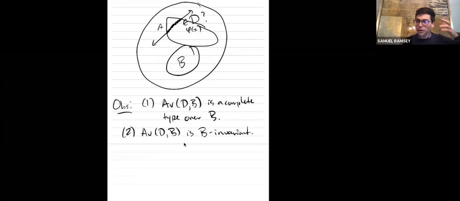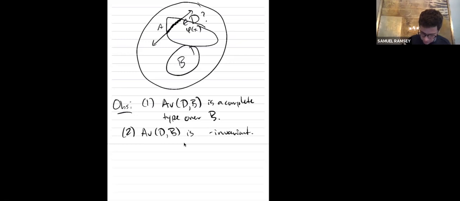And somehow this, I think, is a bit clearer than what was happening before. So why is it B invariant? Well, the question of whether or not, oh, no, sorry, it's not B invariant, it's A invariant. A is the set that D is on.